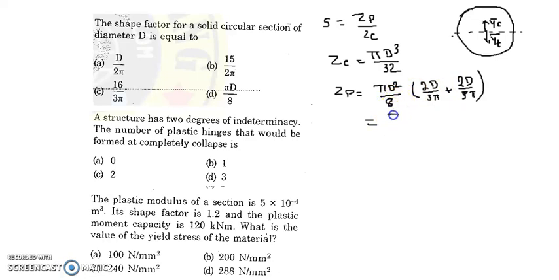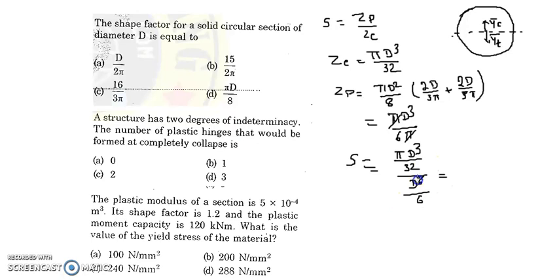So what I'm going to get here is pi d cubed. The distance becomes 4d by 3 pi, so it's going to become 2, it's going to be 6 pi, and the pi gets cancelled, giving d cubed by 6. Therefore S is going to become pi d cubed by 32 over d cubed by 6.